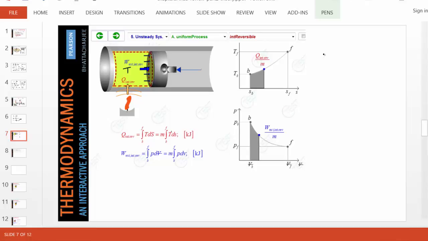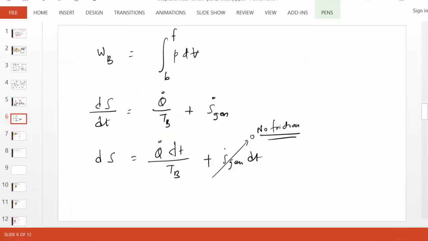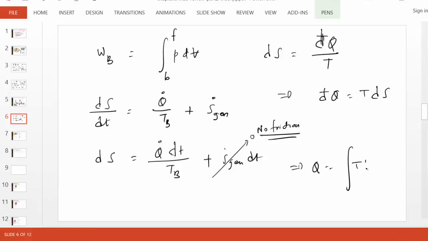Then the equation that we just wrote simplifies to dS equals dQ by T, where dQ is the heat that is transferred in this time dt, which simplifies to dQ equals TdS, or Q equals integral TdS.